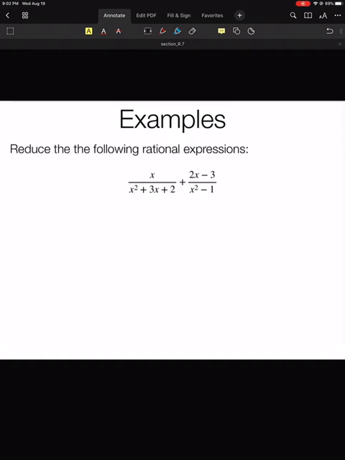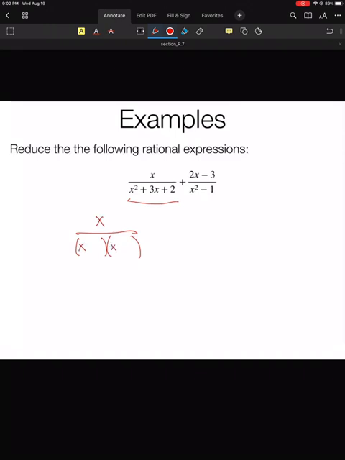And we do that first by factoring the bottom of each rational expression. So for the first one here, we have x over, and then we want to factor that polynomial, meaning we want two things here with x and x.